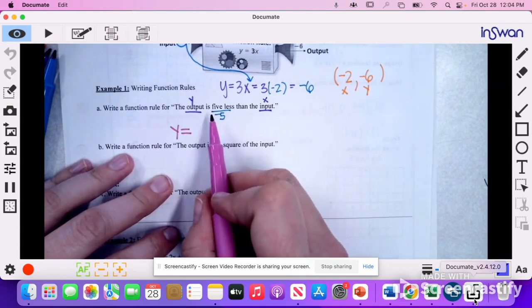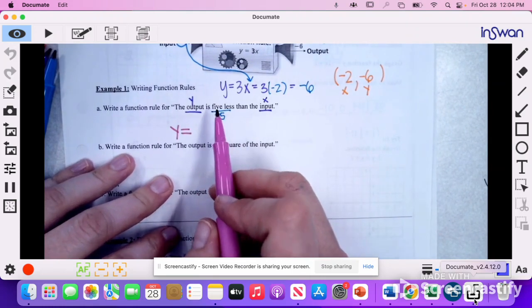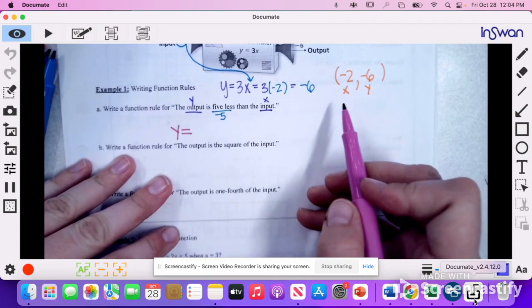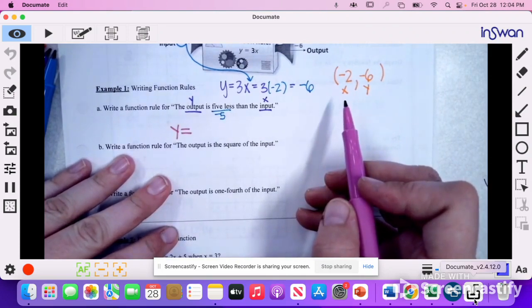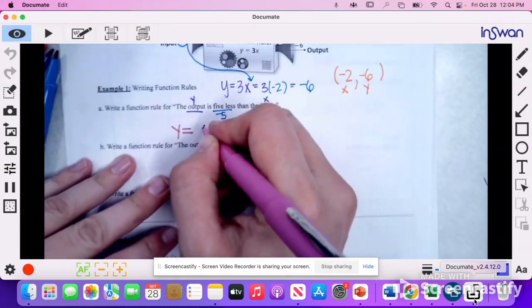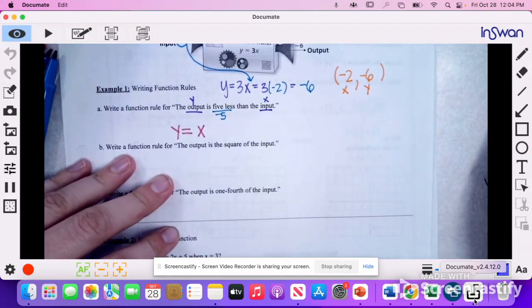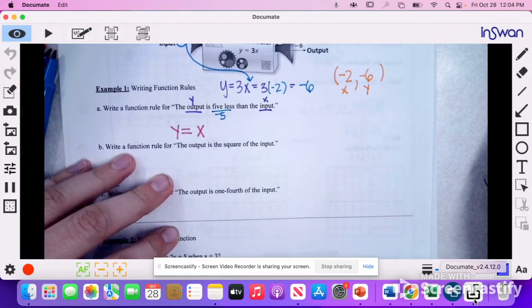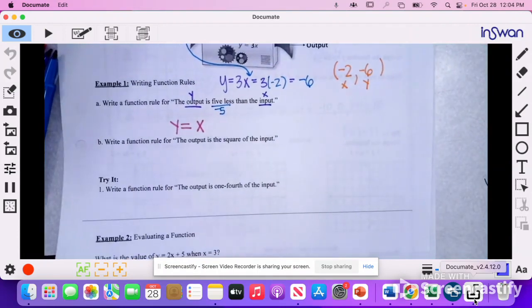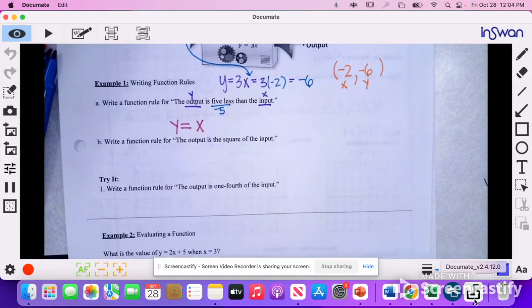If we were to have something and -5, what operation are we using? We have x. What's our operation, though? No, not multiplication. A negative number is the same as what?